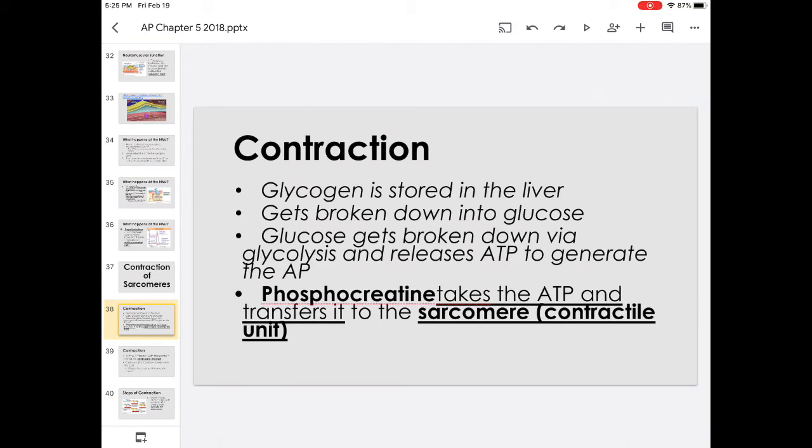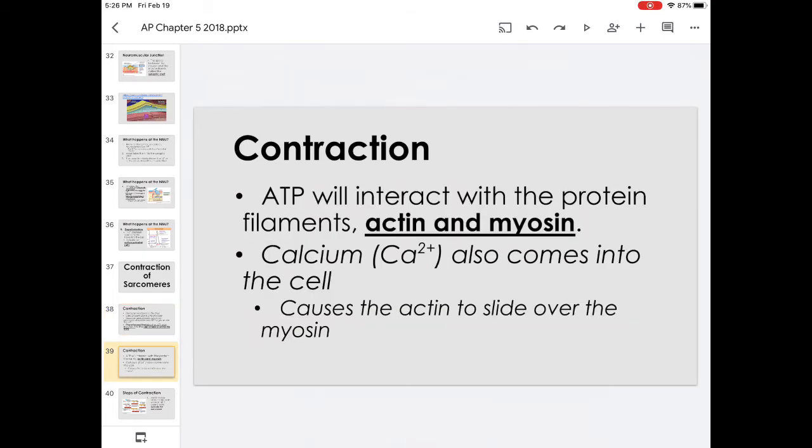Phosphocreatine, as it says here, takes the ATP and transfers it to the sarcomere so that it can contract. What it's specifically doing is that inside of the sarcomere, there are two specific kinds of proteins. You have your actin and you have your myosin. That is what is going to get energy transferred from the phosphocreatine, and that energy is going to come in the form of ATP.